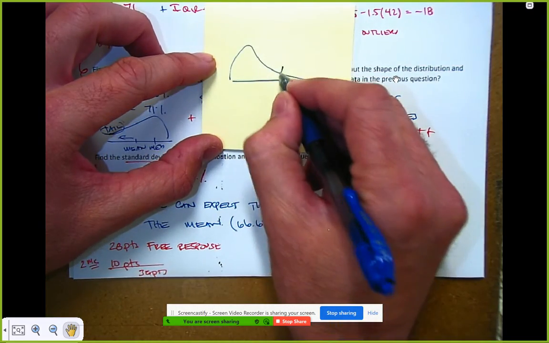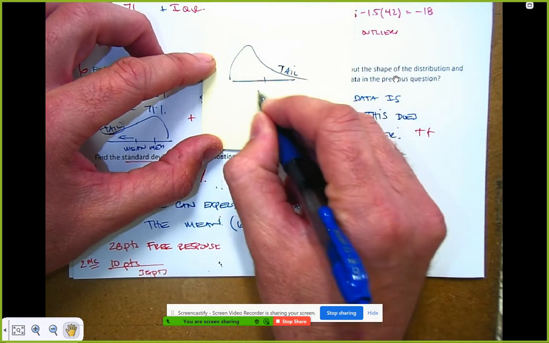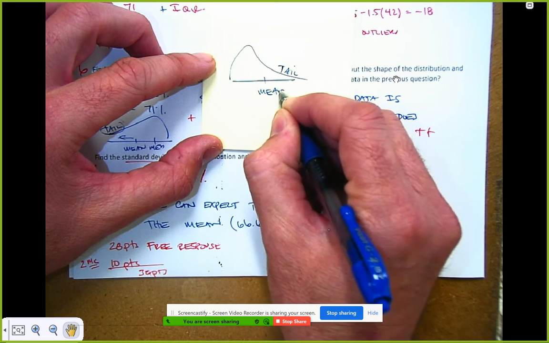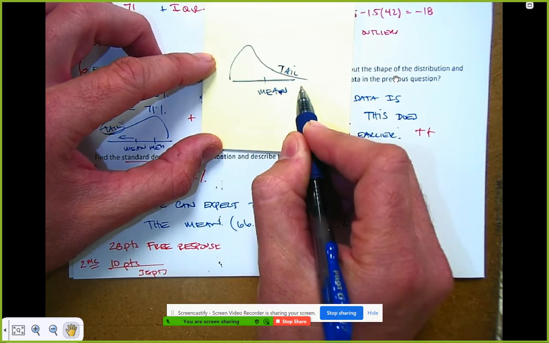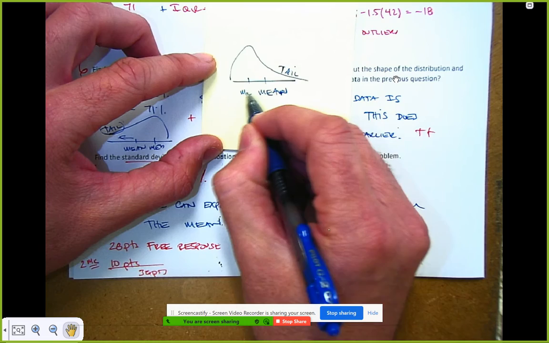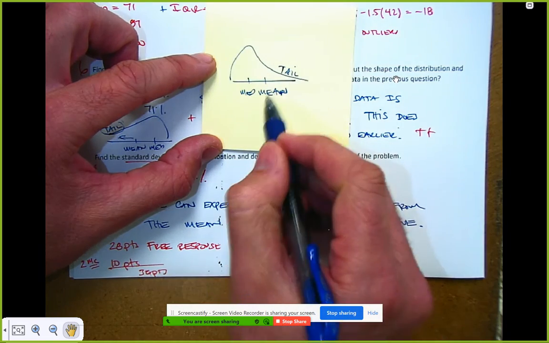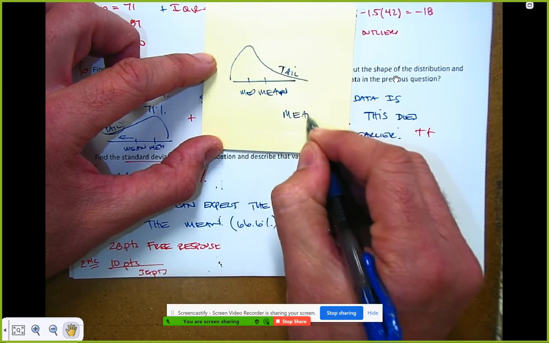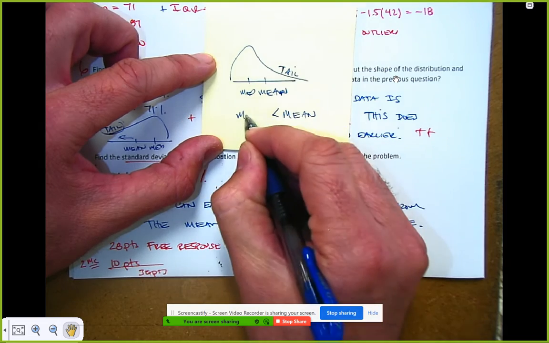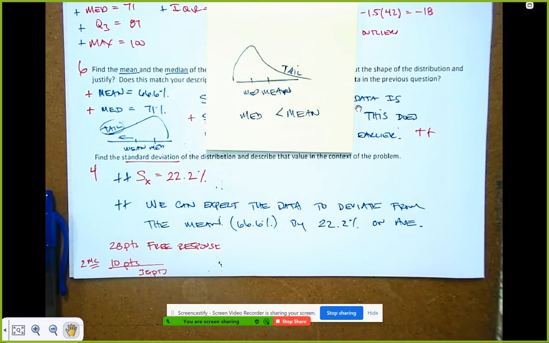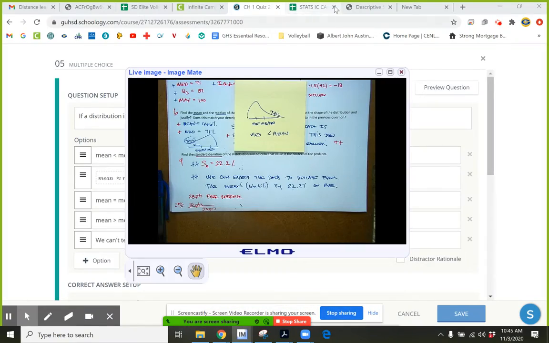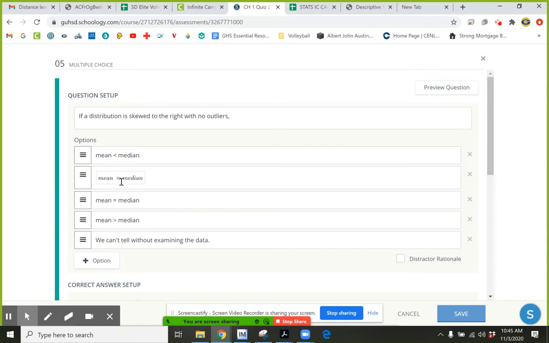And that means that this tail pulls the mean towards it, right? The average gets affected by those, and the median stays here. And so if you have right skewed data, your mean is definitely to the right or greater than the median. Right? And so if you go back here to our multiple choice options, you would say that the mean is greater than the median. Okay.